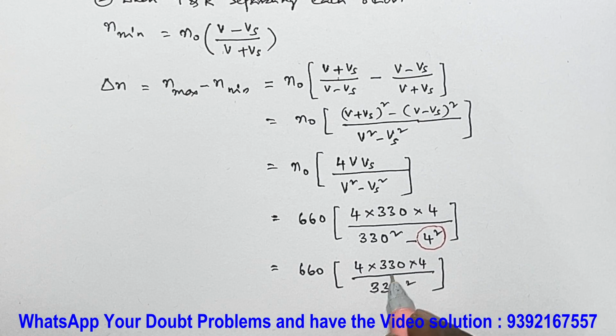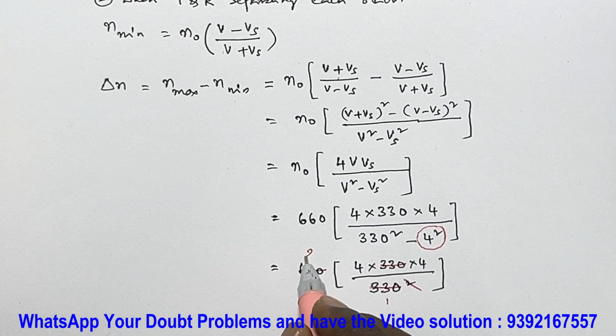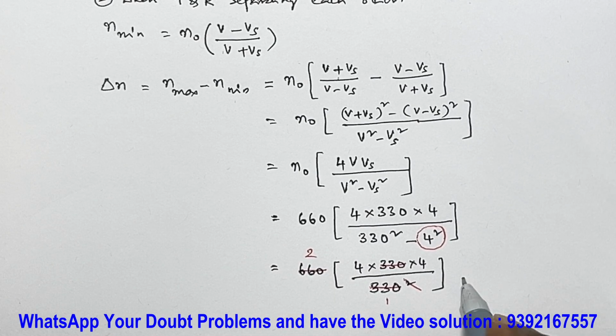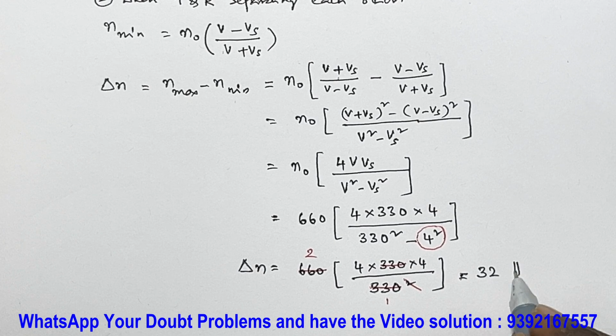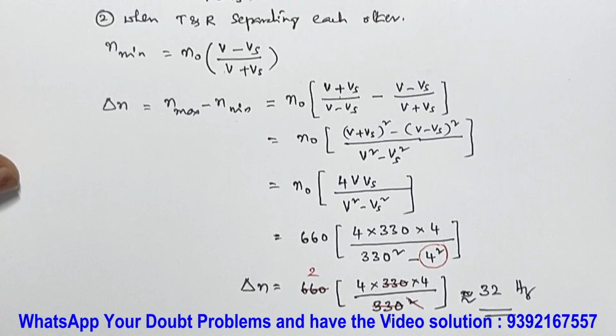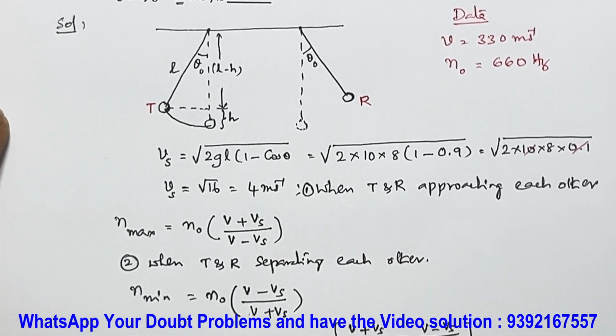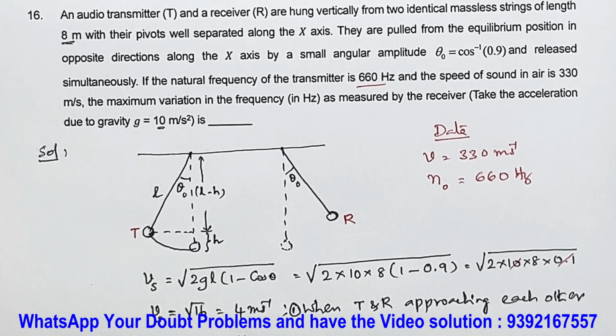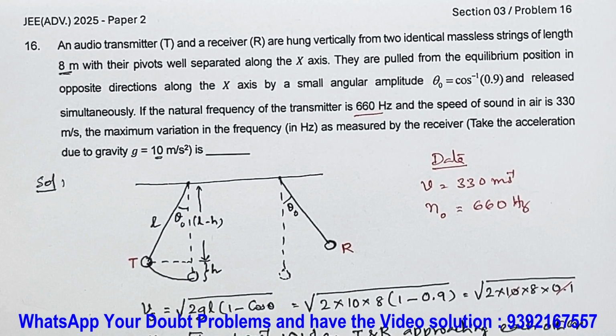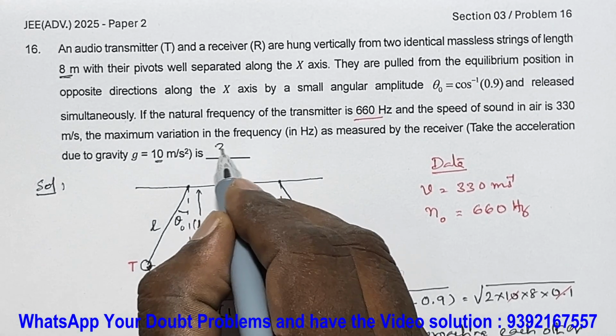So 330 cancels, 660 by 330 is 2, and I get delta n: 4 fours are 16, 16 twos are 32 hertz. So approximately 32 hertz is our answer. This is question number 16, and the correct answer is 32 hertz.